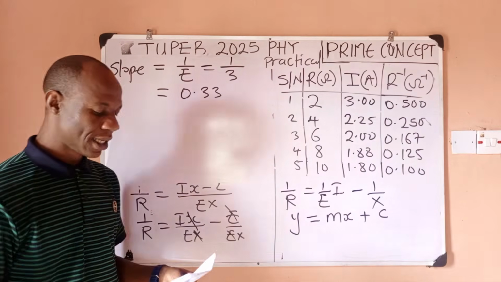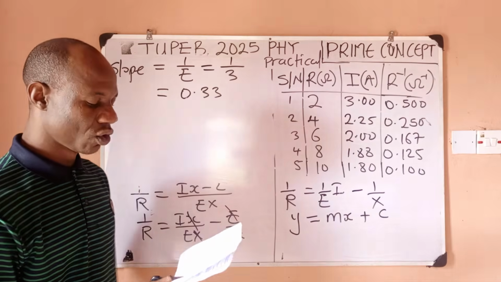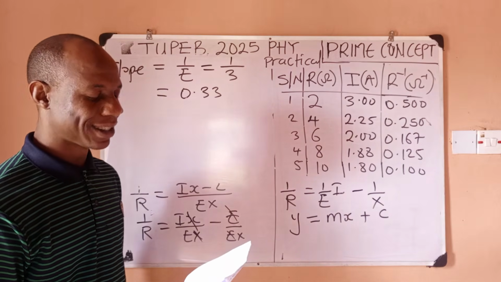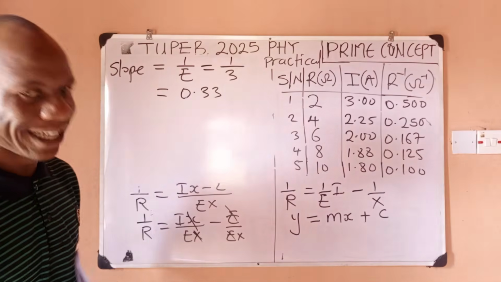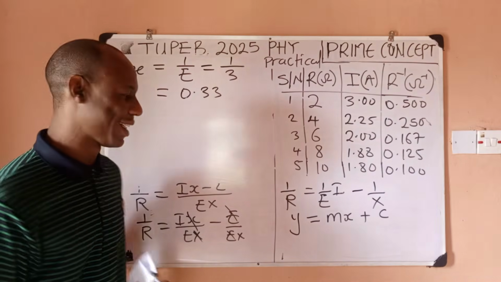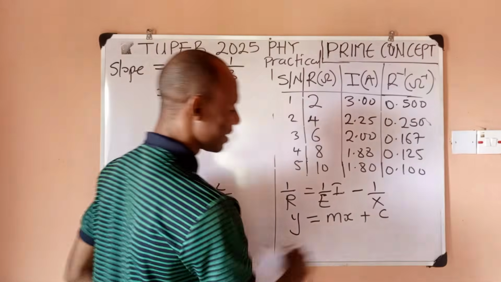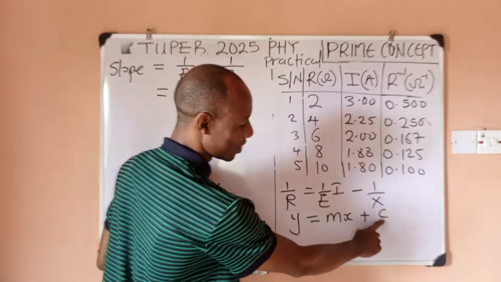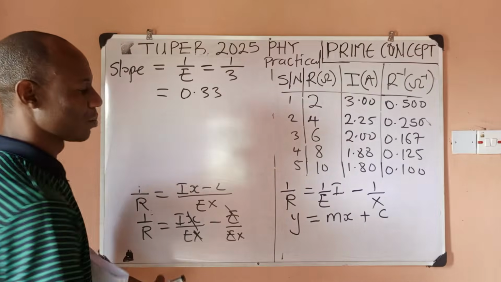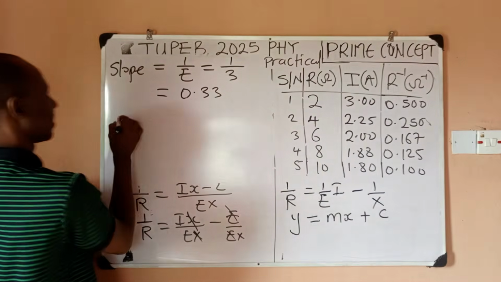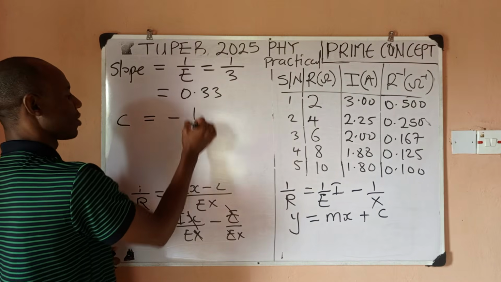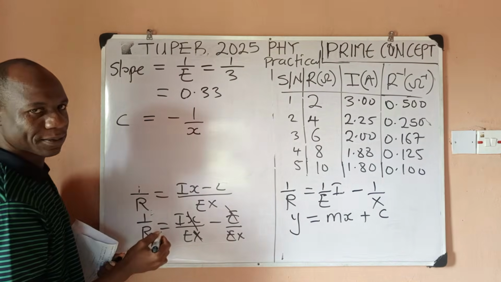It's very correct. Now, the next thing I want to show you: they said determine the slope of the graph and intercept. Again, you will now see where the secret lies. C here represents the intercept. So what is your intercept theoretically supposed to be? Your intercept, which is C, is supposed to be minus 1 by x.